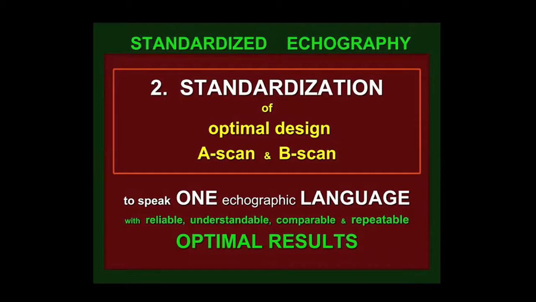This optimal design is standardized so that we speak one echographic language with reliable, understandable, comparable and repeatable optimal results. This way, standardized echography brings the fullness of all that can be done with diagnostic ultrasound in the anterior, posterior eye segments and the orbit.